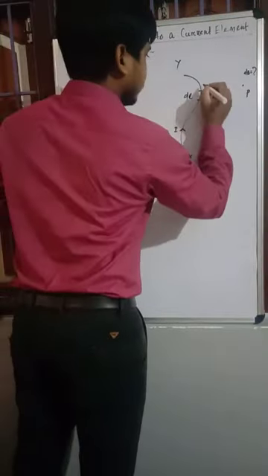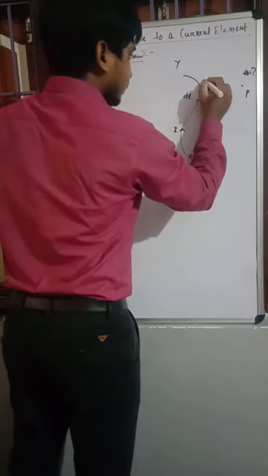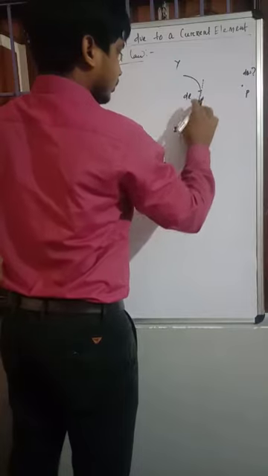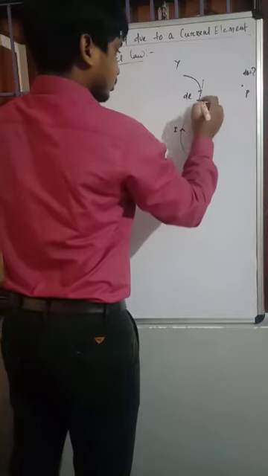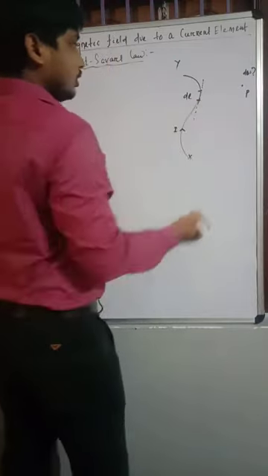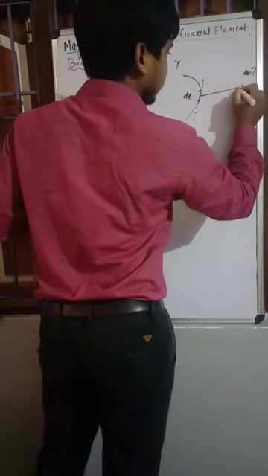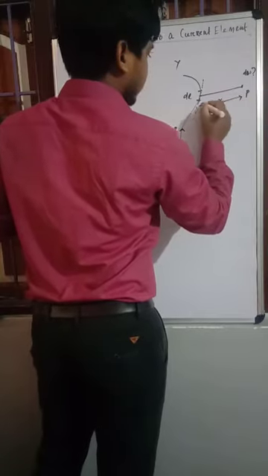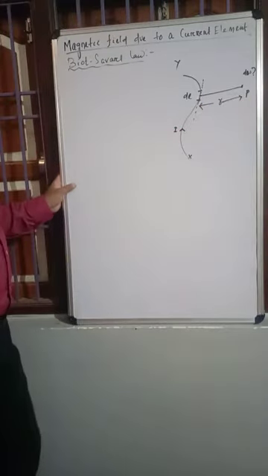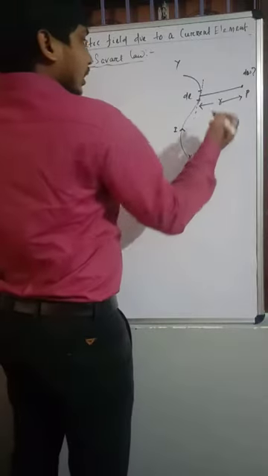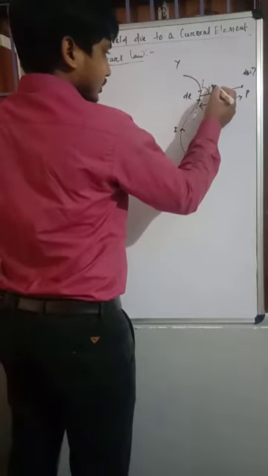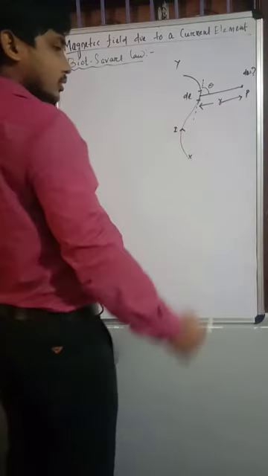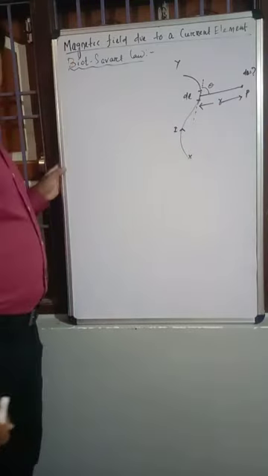Let this be the axis of the conductor, and let the point P be situated at a distance of r from the element dl, and let theta be the angle made by the position vector r with the axis of the length element.